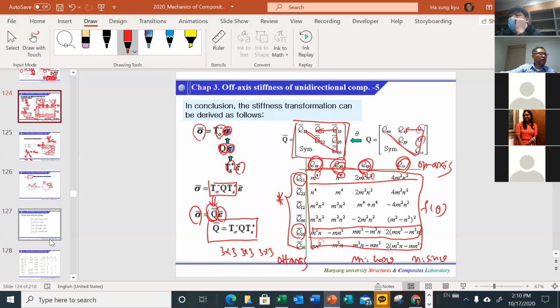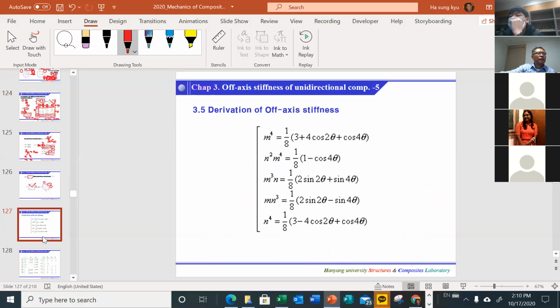But it is useful to understand further, there is the relation. The fourth power of cosine theta is equivalent to cosine 2 theta and cosine 4 theta, and these are the relations.